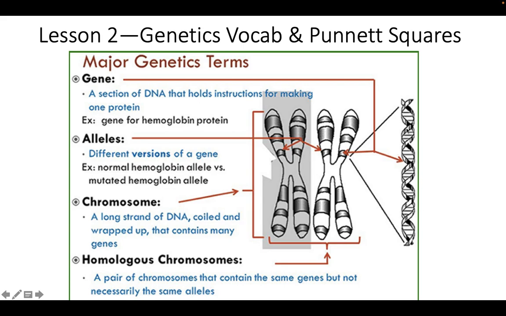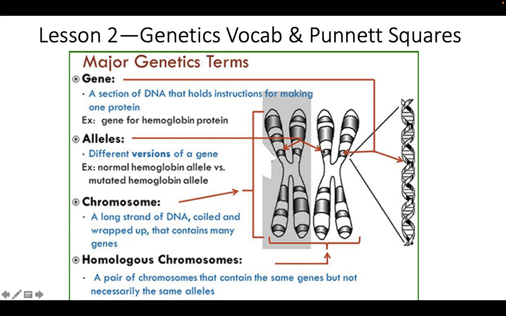We know that the DNA comes from the chromosome, and within the DNA is segments of genes. So within this segment here, if this is a DNA, it might code for a gene. And then we have alleles. Alleles are different versions of genes.